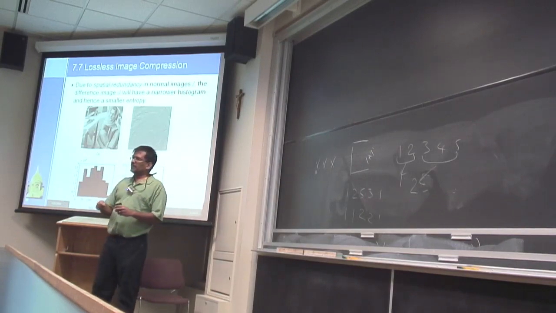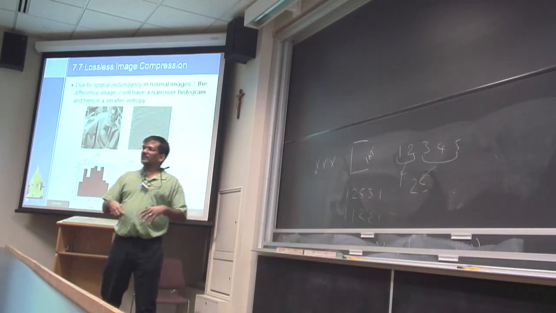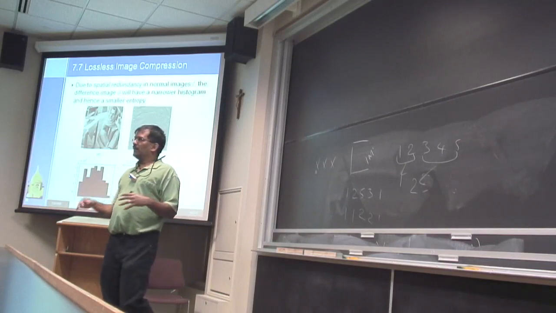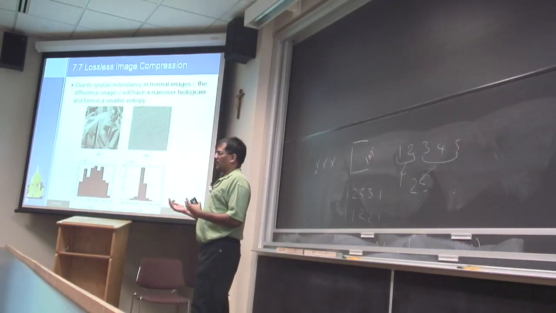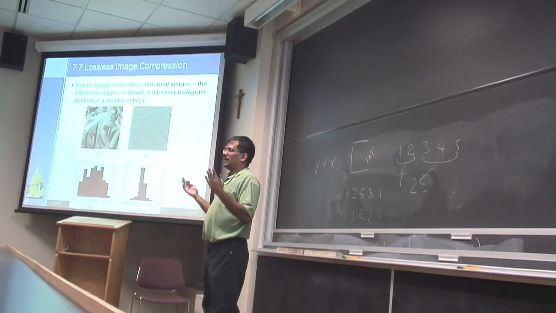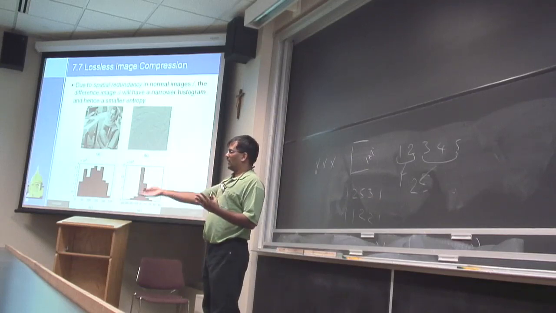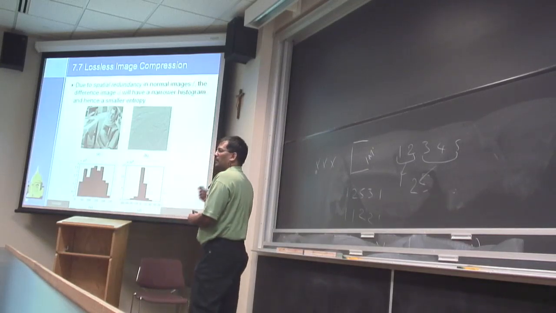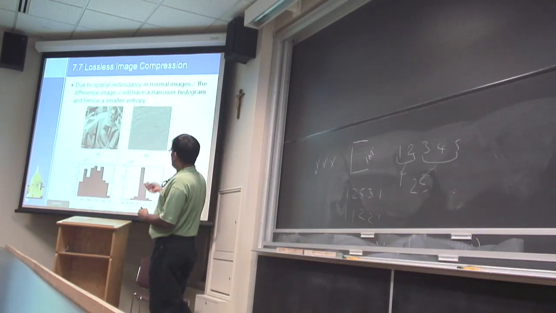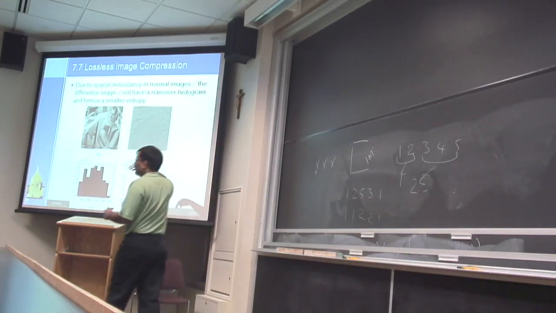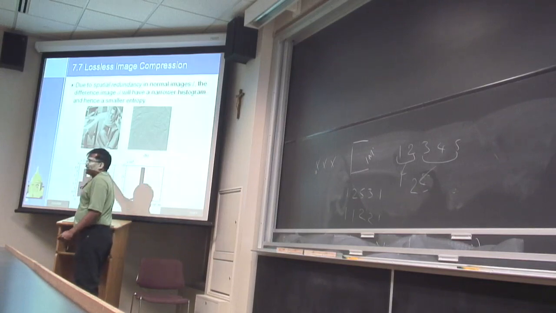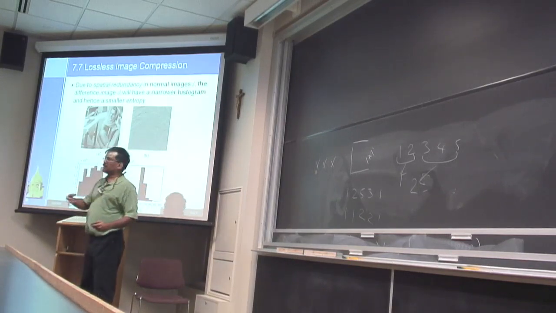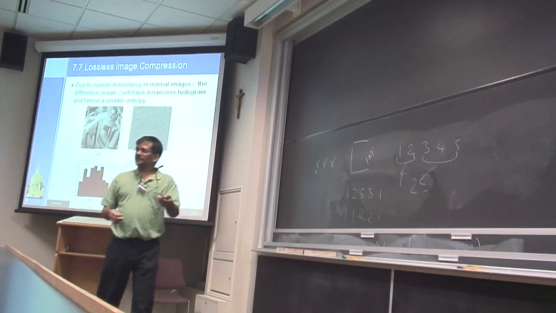If you use this on something else, like random data, this won't work because your predictor won't work. If you have random numbers, essentially you cannot predict the random number. Any number is equally likely, so your prediction would always be off. So the difference image would still look more like random noise, whereas in a picture it's not the case, right?